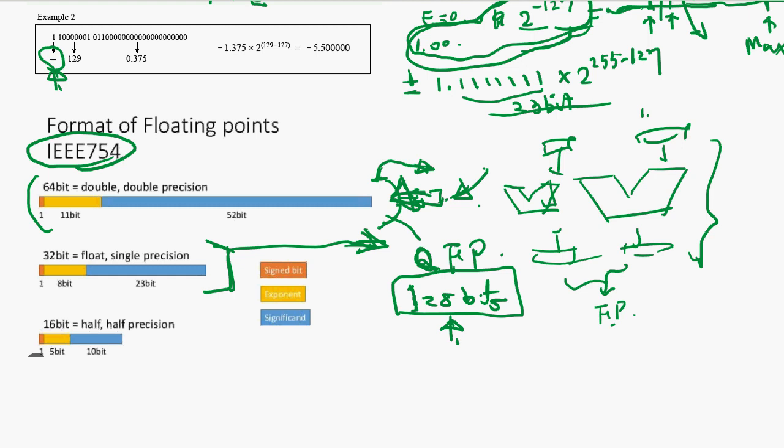The software calculates these 64-bit, 128-bit floating point numbers. It's all done by software, and this is typically not included in most of the floating point packages. But these days it's changed.